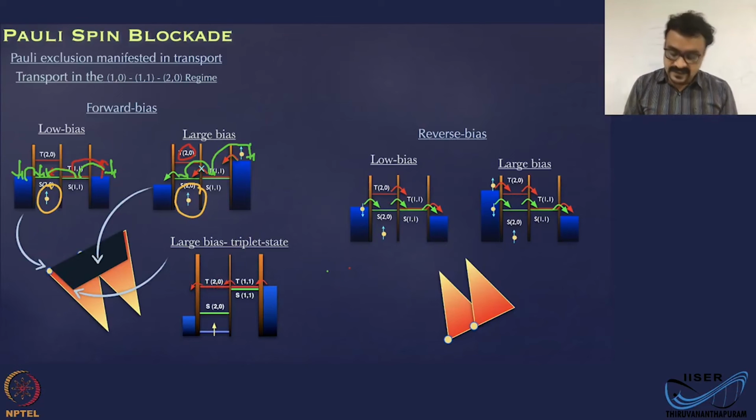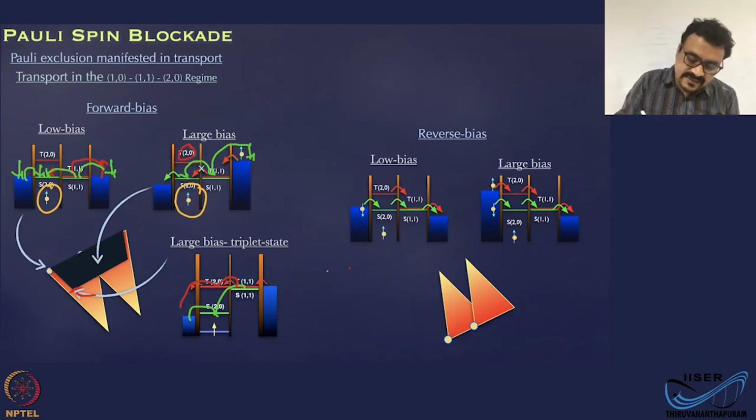Then for this triplet, the spin up electron and spin down electron both can go through, because the spin up electron can go through this state and here, and the spin down electron can go through this state and here. So the green one can go here and the red one can go here. Both are possible. That means current will resume, and that is represented by this region here. That is when you are going to get current.